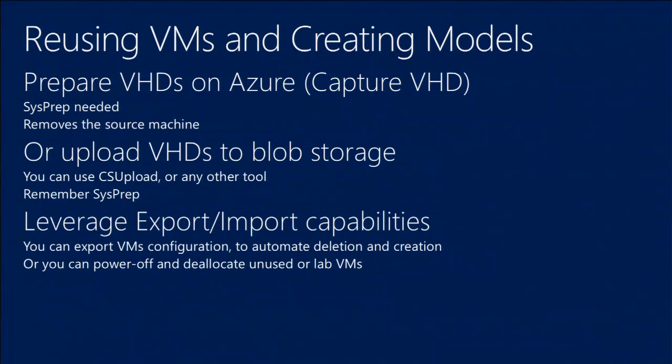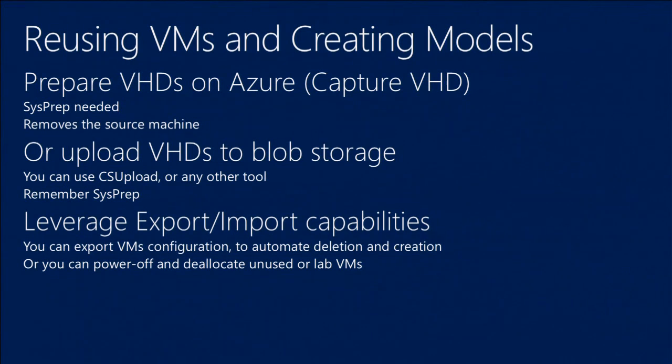So be careful. It will be removed, and you will have to provision it again in multiple instances, all based on that model. You can also upload VMs that you create on your own on-premises environment, and you can upload the VHDs to the blob storage and start provisioning a VM from your already existing VHDs.